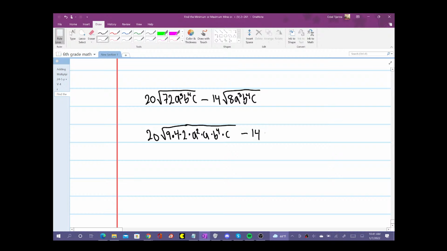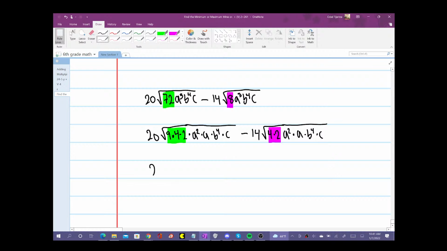So minus 14 times the square root of 8. Again, we can do 4 times 2 for this one, and for 72, I did 9 times 4 times 2, right? So this becomes a squared times a times b to the fourth times c, right?